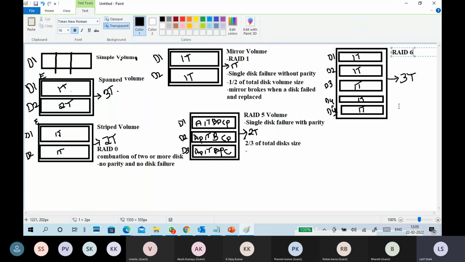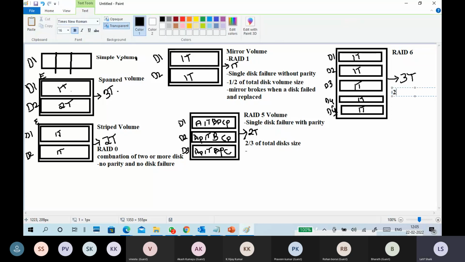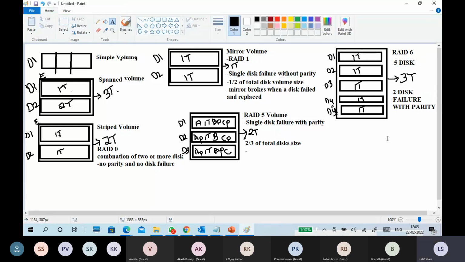I'm talking and typing all these things. Okay. So this is RAID 5.